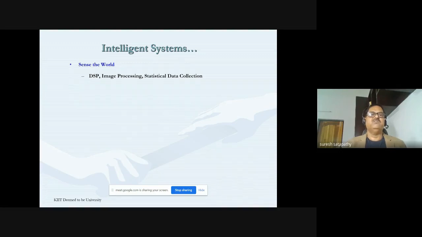Similarly, when you design any intelligent system, you definitely have to have some input. Sometimes the input is recorded automatically with a sensor system, IoT and all, or sometimes the user has to give it in tabular format, or in image format, sound format, or multimedia format. So there are a lot of ways you can submit the input data to your system.